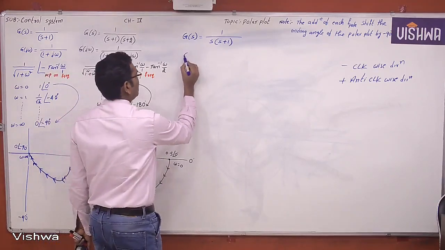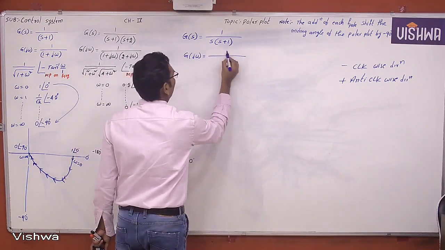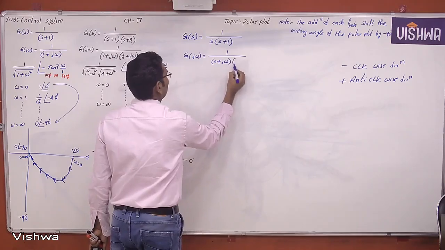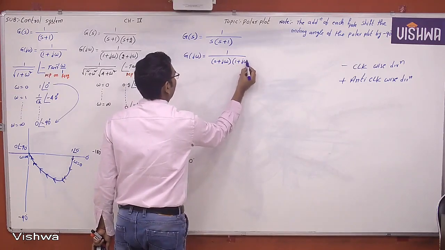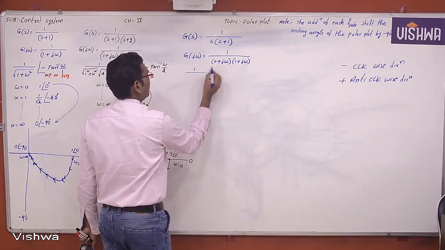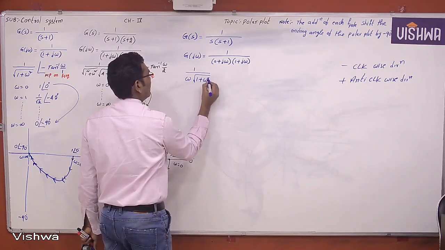Now replace S equal to J omega. 1 divided by (0 plus J omega)(1 plus J omega). Now what is the magnitude? 1 divided by square root of A square plus B square, square root of A square plus B square.